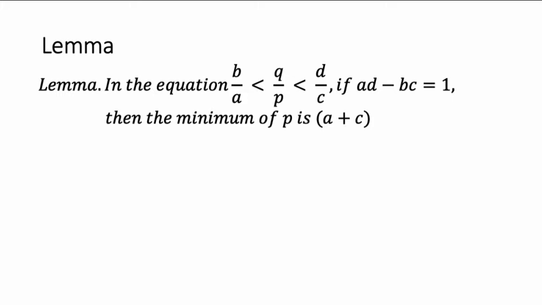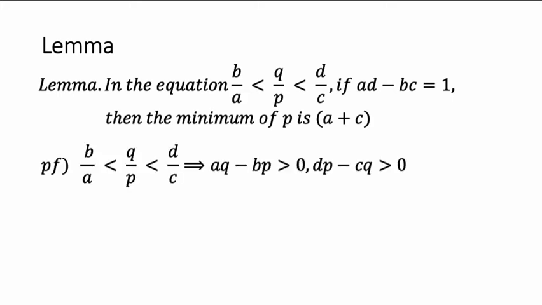In the inequality b over a less than q over p less than d over c, if ad minus bc equals 1, then the minimum of p is a plus c. First, we notice that aq minus bp is greater than 0, and dp minus cq is also greater than 0.